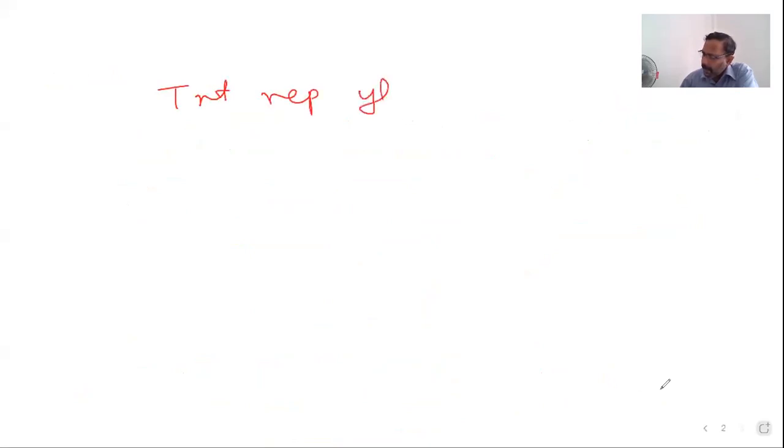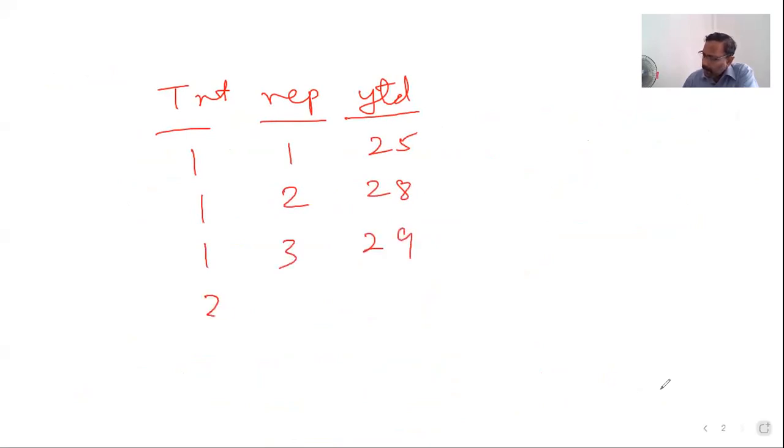In CRD, yield, right? First treatment, first replicate, you have 25. First treatment, second replicate, you have 28. First treatment, third replicate, you have 29. Second treatment, first replicate. Second treatment, second replicate. Second treatment, third replicate. Likewise, you have the values.